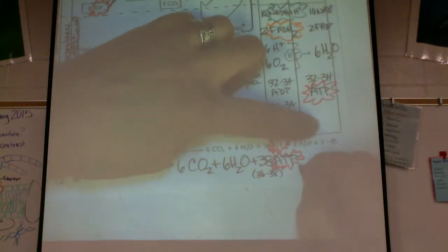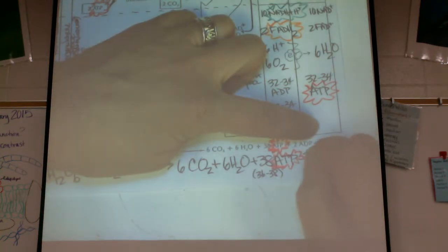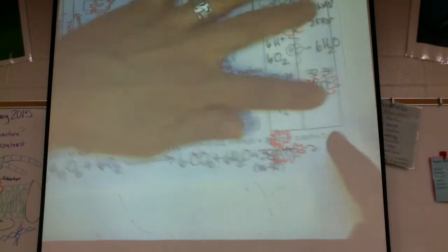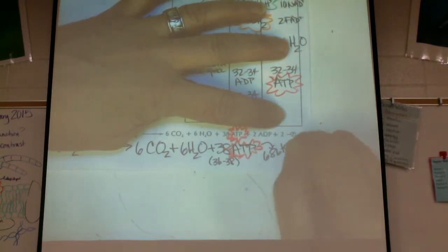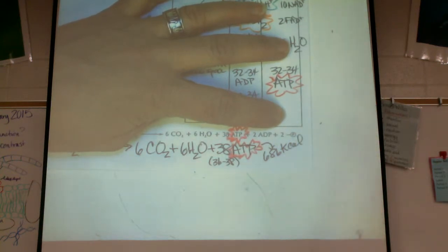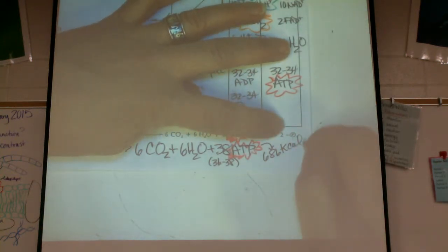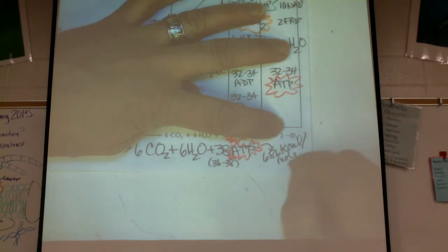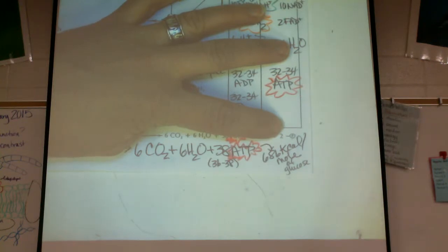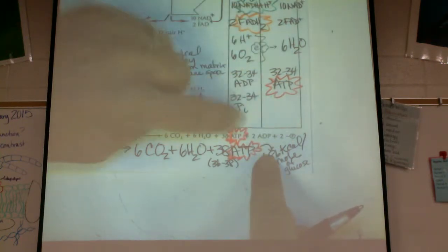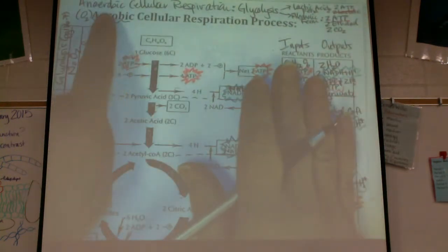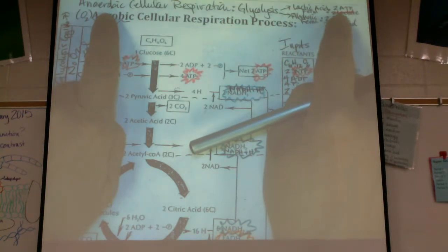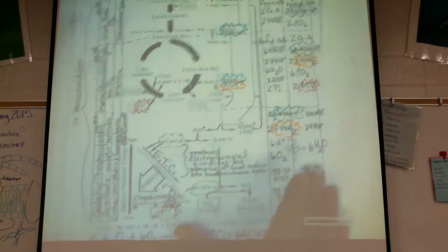What that means is this much ATP will get you an equivalent of work in the cell that's equal to 686 kilocalories, so 686,000 calories per mole of glucose. Way more bang for your buck for the exact same one glucose molecule that those anaerobic ones got only 2 for. But it takes a lot of work to get there.